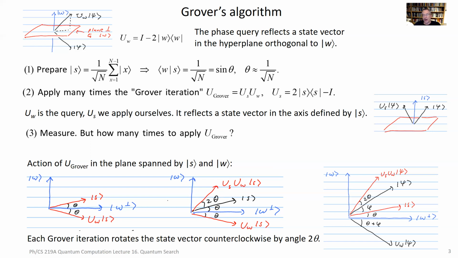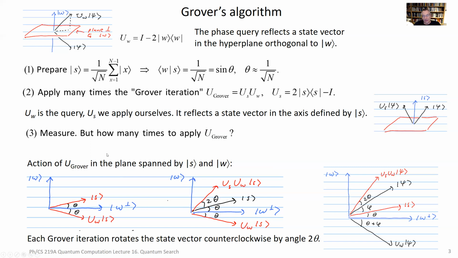If we were to measure now in the computational basis, we will have increased the probability of finding the result W, and we will have decreased the probability of finding any other basis state, because W perp here is essentially the component of S which is orthogonal to W, and that's just the uniform superposition of all the strings except for W. Okay, so we suppressed the W perp part and we enhanced the W part by doing this iteration once.